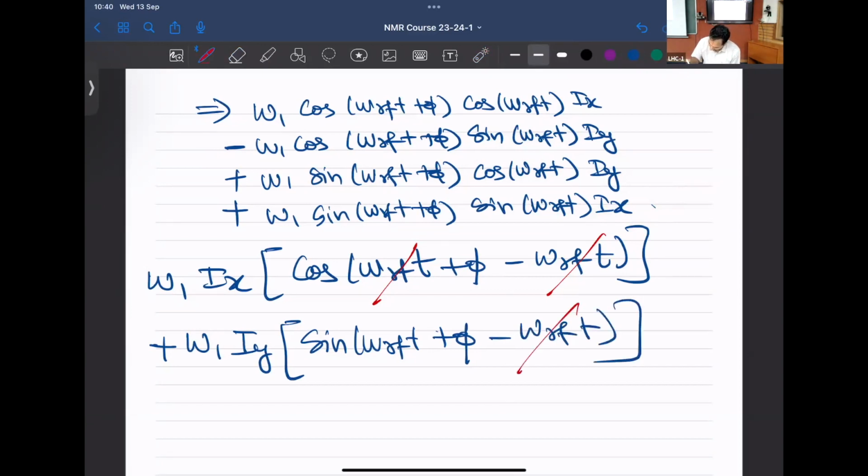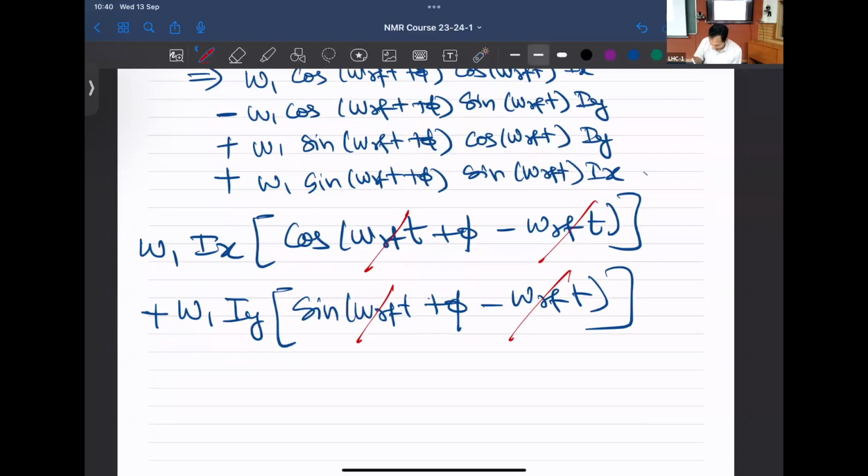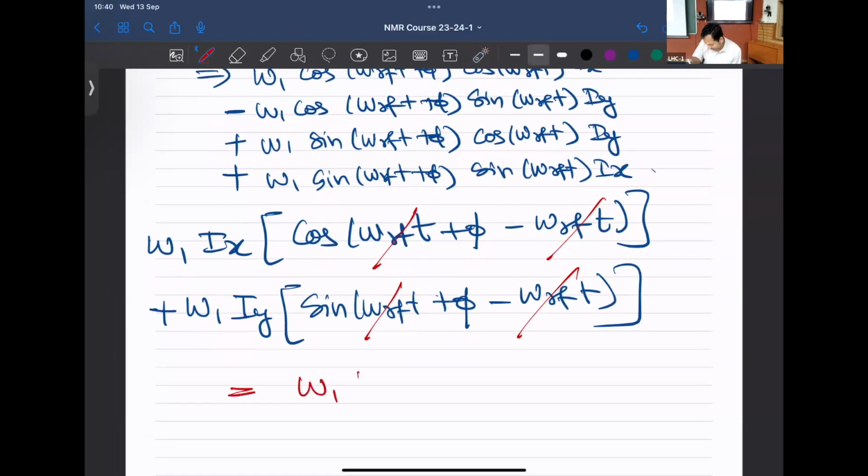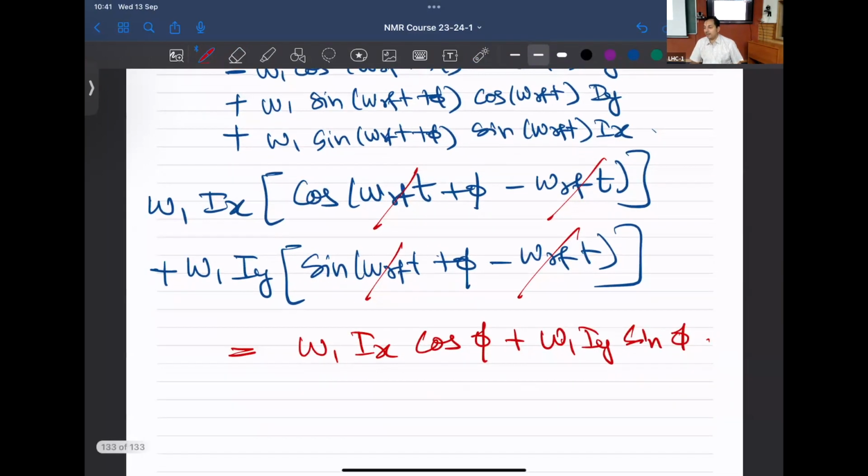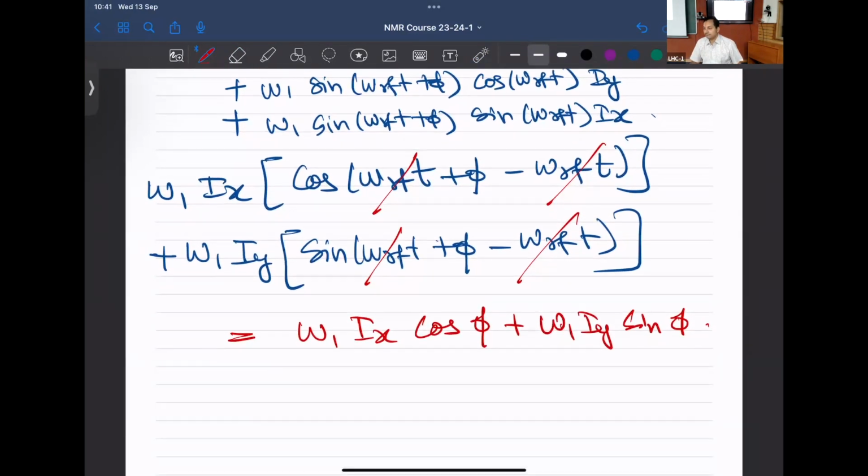Yet again, you see the omega r of t goes away. And therefore, the net result of that is going to be omega 1 Ix cos phi plus omega 1 Iy sine phi. How many of you understood this part? Please raise your hand. Good. Everybody is on the same page. I'm so happy.